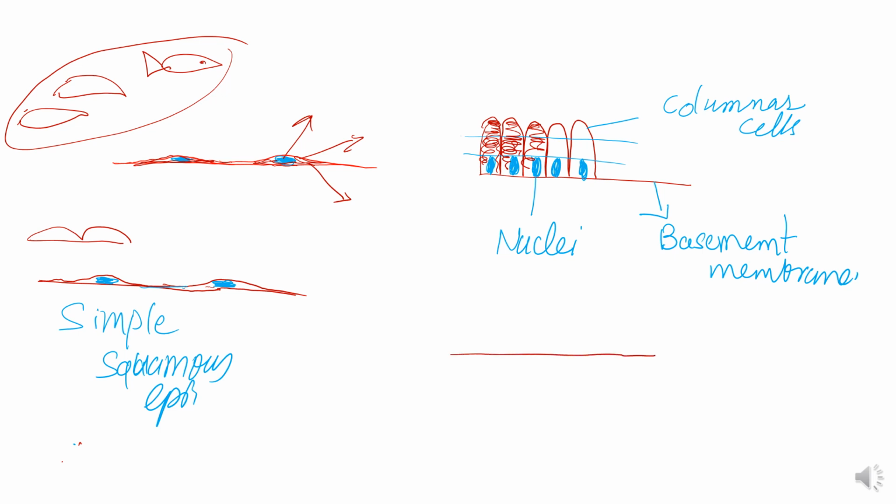Okay, now the cuboidal cells. This is the basement membrane. You have to draw cube shaped cells. Their nuclei are spherical like this, more prominent.